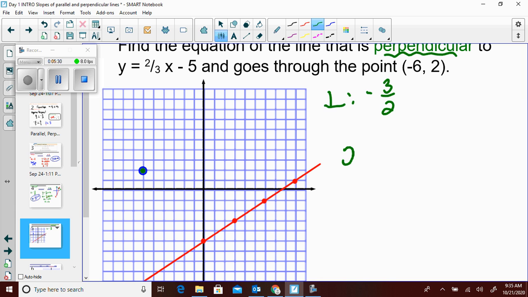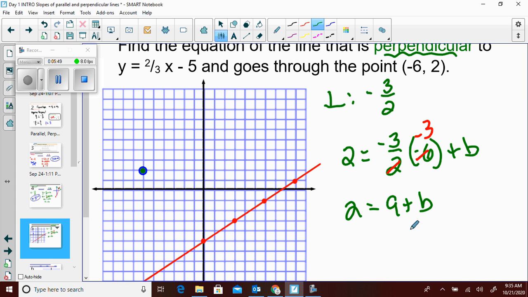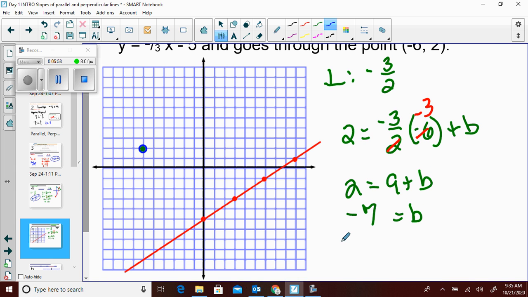So I have 2 equals -3/2 times -6 plus b. 2 into -6 is -3, -3 times -3 is 9 plus b. B is -7. So my equation is y equals -3/2 x minus 7.